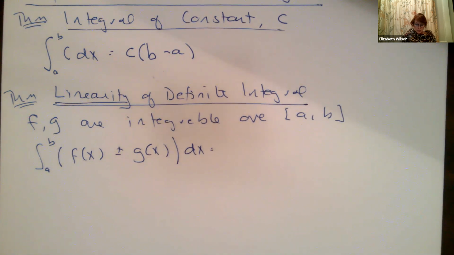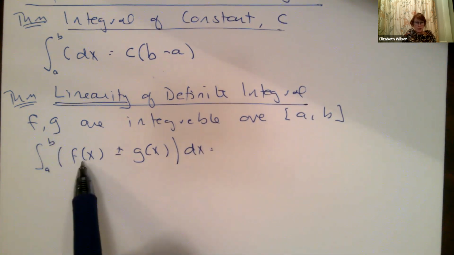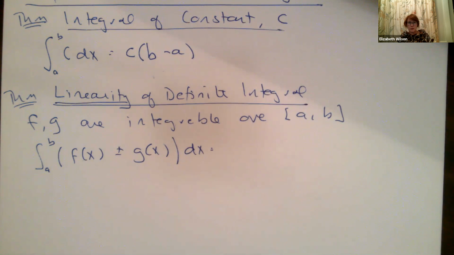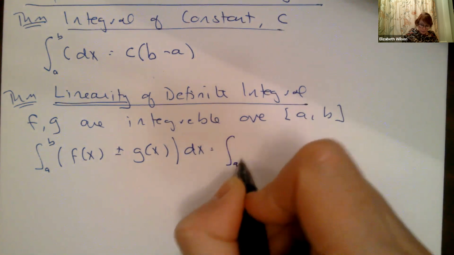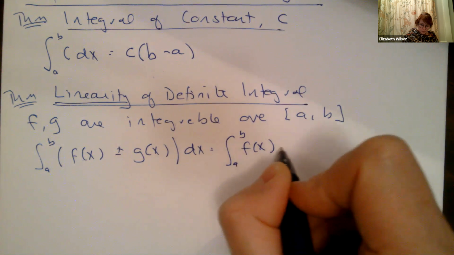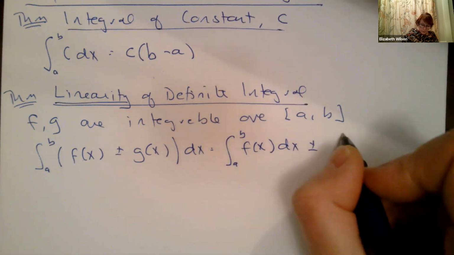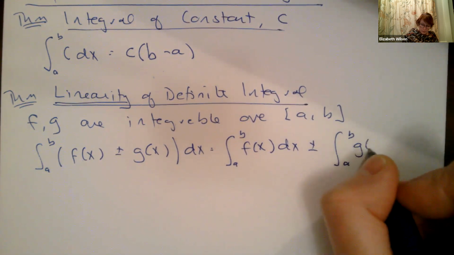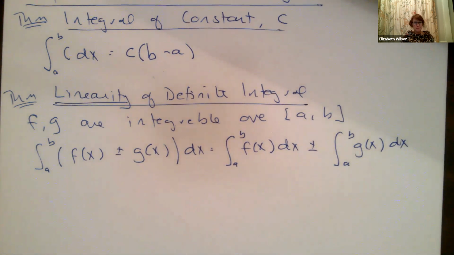Now I get to distribute my dx and my integral sign to each of these things here. This only works for addition and subtraction. If you try to do this for multiplication or division, it will come out completely wrong. Okay, so we have other tools for handling multiplication and division. Linearity is just addition and subtraction. Plus or minus.